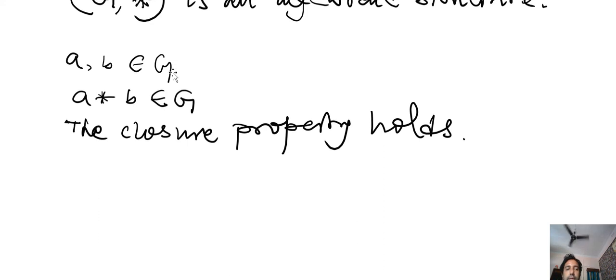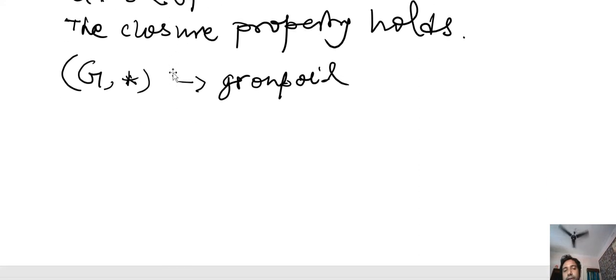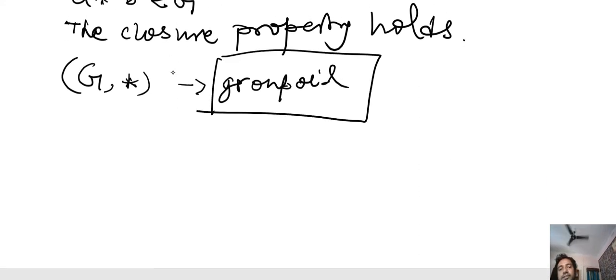Since the closure property holds, G star, this algebraic structure, has a special name. It's called a groupoid. You have to remember this name, it's important.